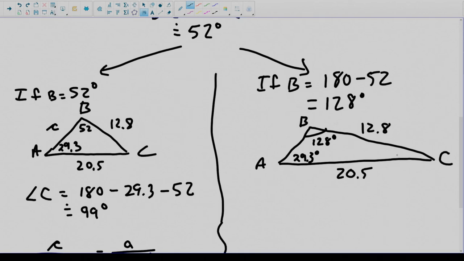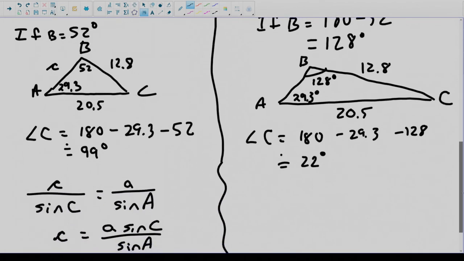So we still need to find angle C. In this case, angle C is equal to 180 minus 29.3 minus 128, which is approximately 22 degrees. Okay. So this would now be 22 degrees in this case.